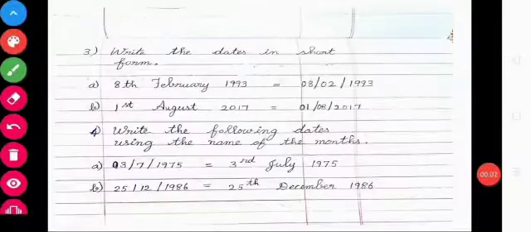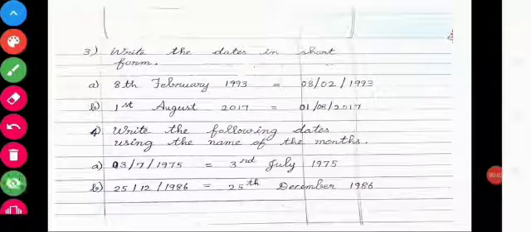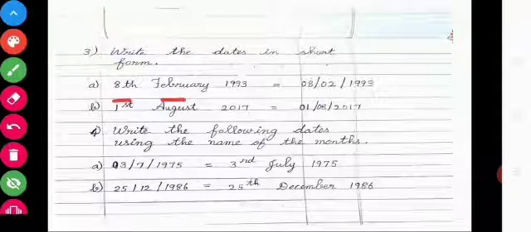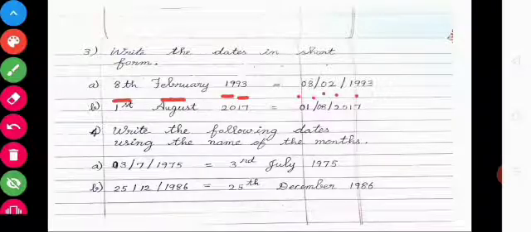Next one, write the dates in short form. 8th February, the year 1993. Write the date first, 08, and then February is the 2nd month. So write 02 and then the year 1993.